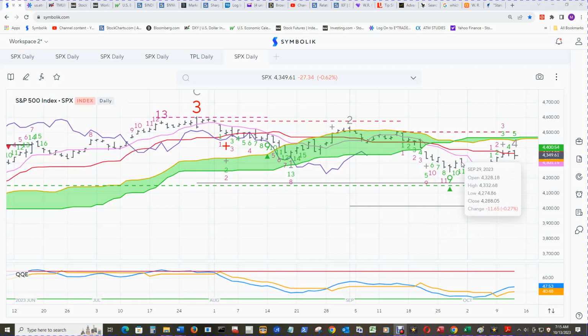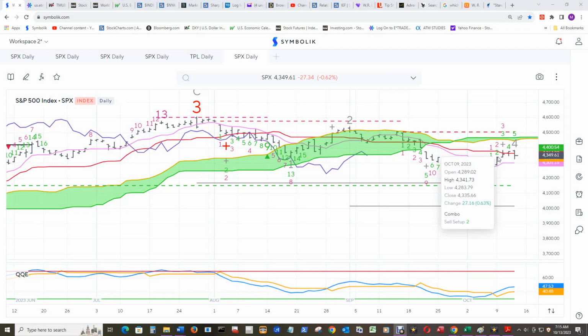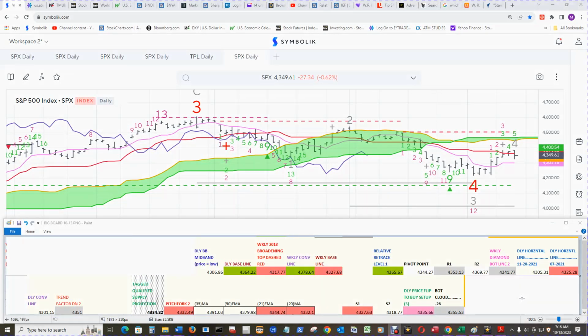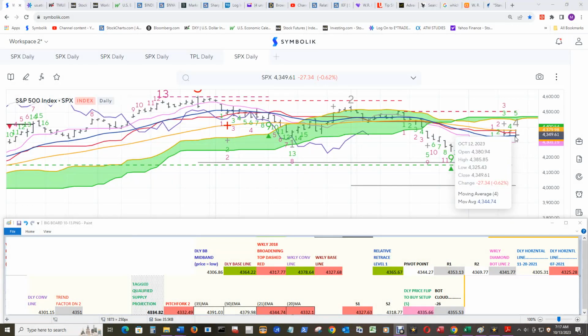So these are the critical areas to watch: this high and this close on the 9th, 43.35.66. And the only other levels around the bottom of the cloud 26 bars back is the still valid trend factor down to 43.51 and the moving target R1 43.53.